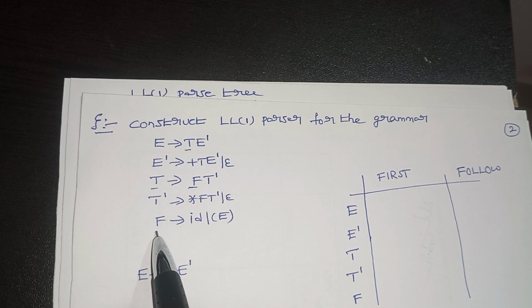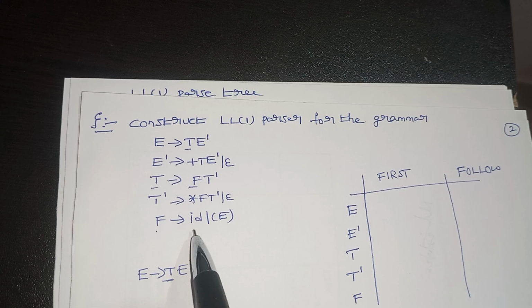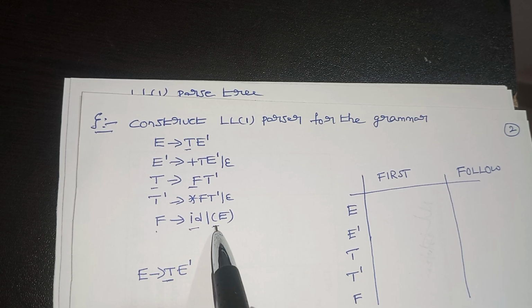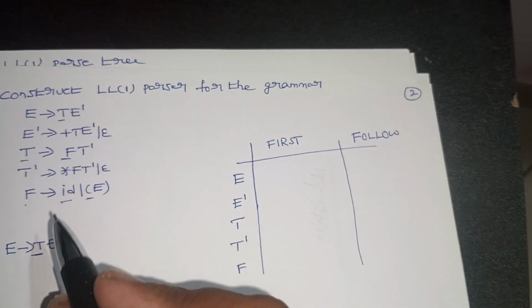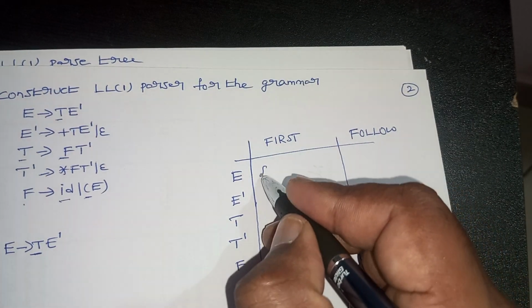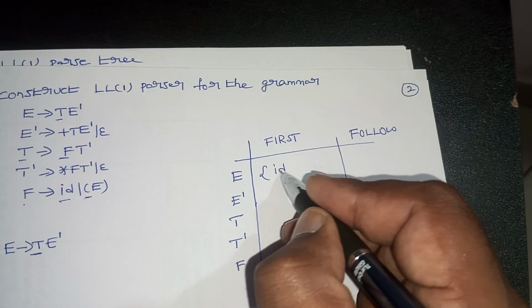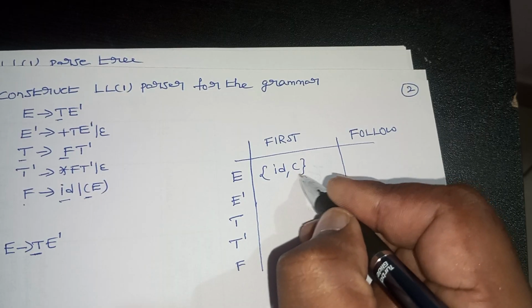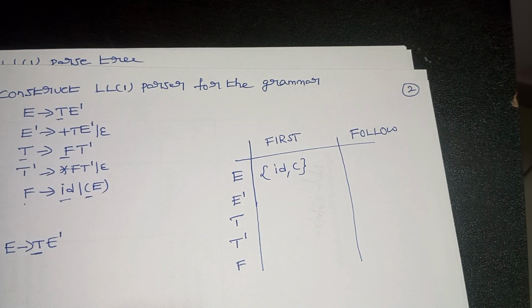Now come to the last rule. In F, I have two terminals: one is id, the second is the left parenthesis. You write in the first of E: id comma left parenthesis. That is the first of E.